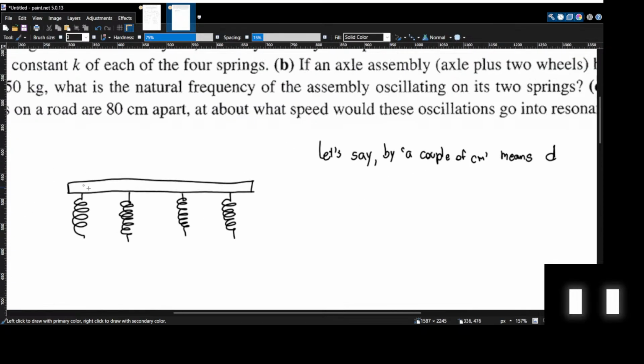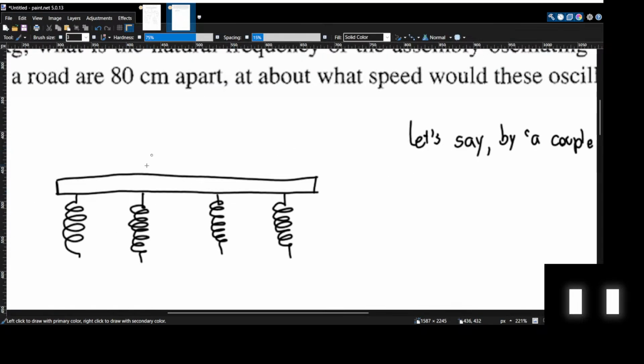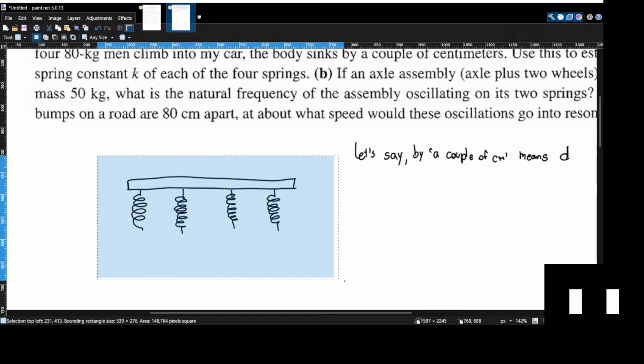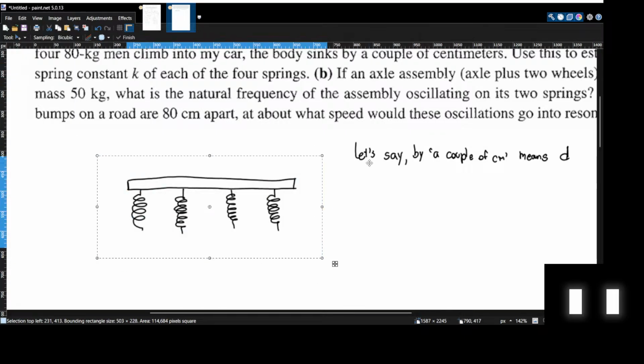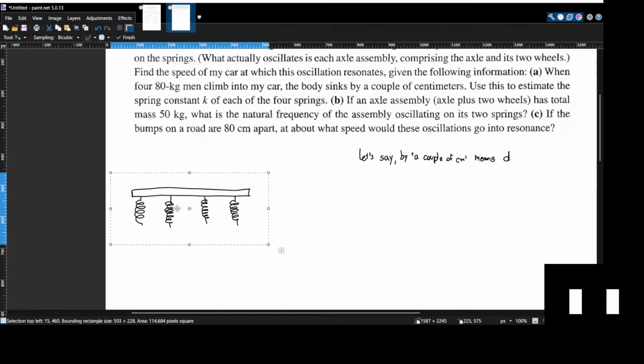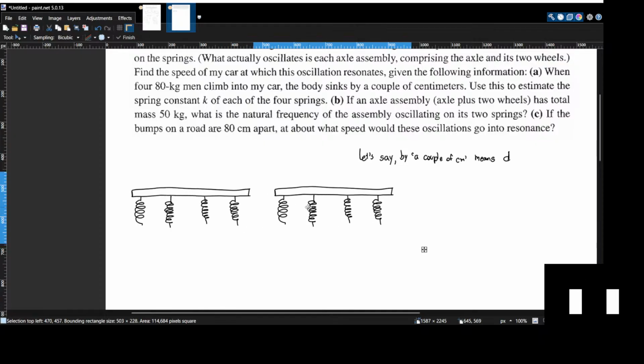Initially it's going to look like this. We're going to assume that this whole thing is massless. The whole system right now is in equilibrium. So I'm going to move this over here and copy and paste it.